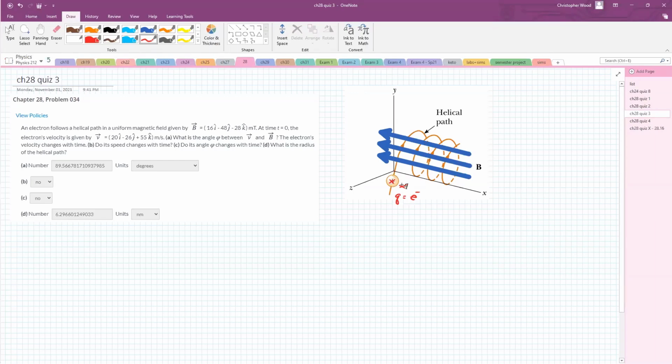So that's what a helical path looks like. It looks like a slinky. Do you know what a helical path is? It's what you get when you have something moving in a circle over and over again, but then you stretch it out. So here's an object moving in a circle, and I'm drawing it from a side view. It's moving around in a circle over and over again.